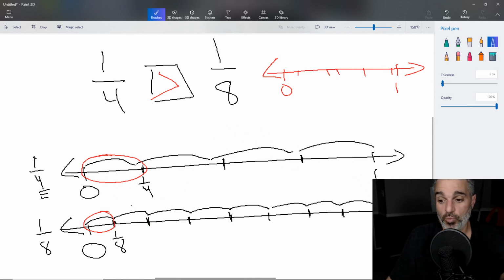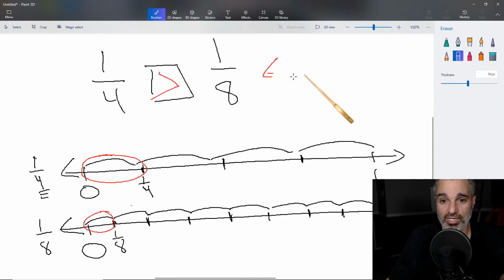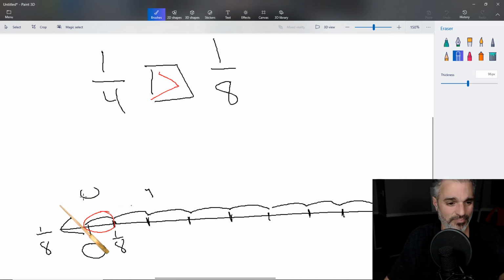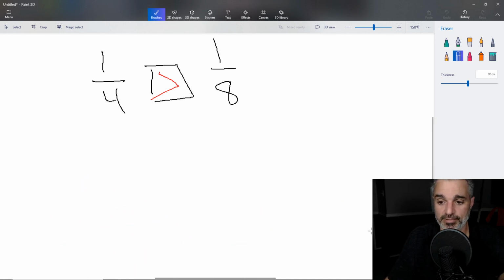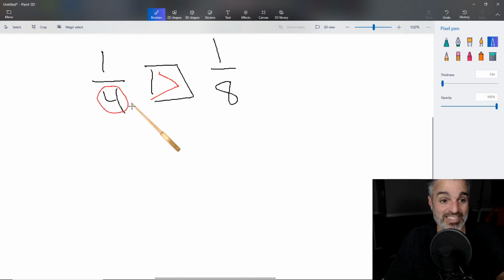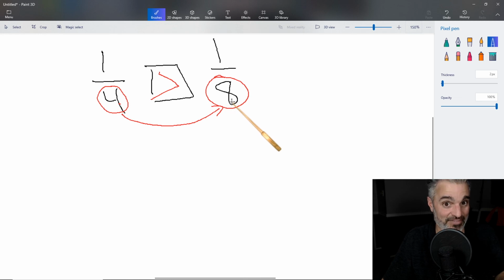Okay, the other way that we can do this is with common denominator. And we also learned that, for example, we realize that 4 is exactly half of 8. And we say, oh, wait, if 4 is exactly half of 8, I can use common denominator.